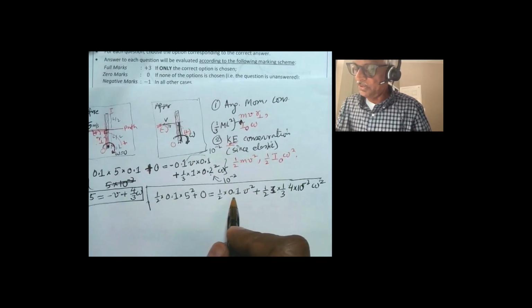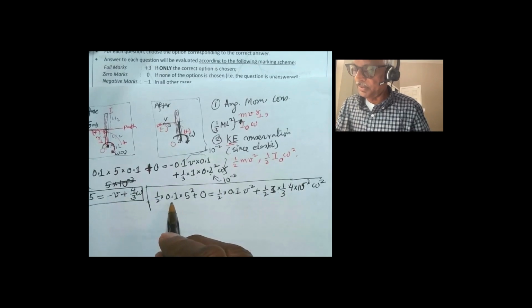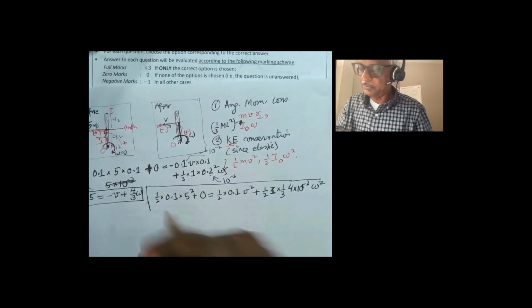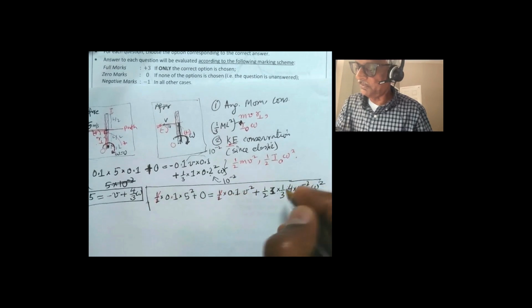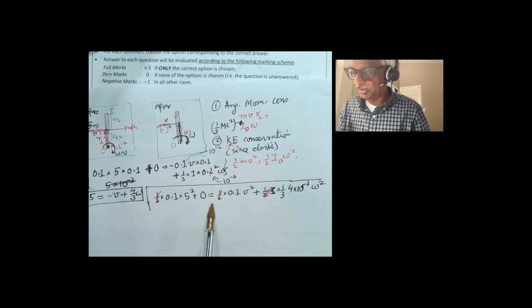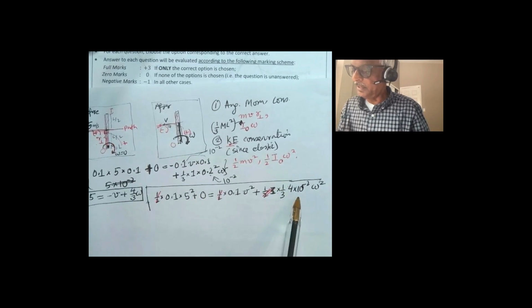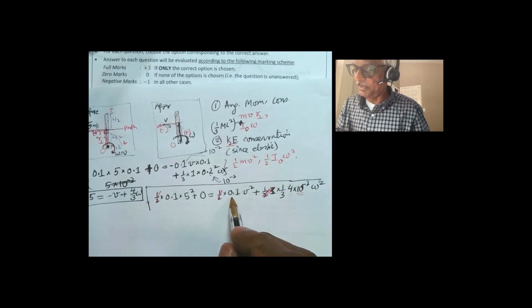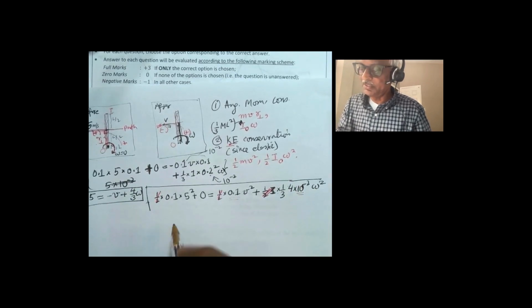And you can see here that this half almost always cancels out in elastic collision problems. There's 10 to the minus 2 here, but this one is 10 to the minus 1.